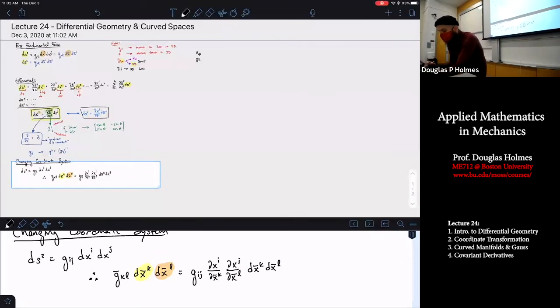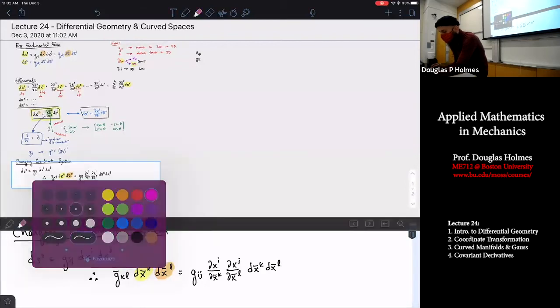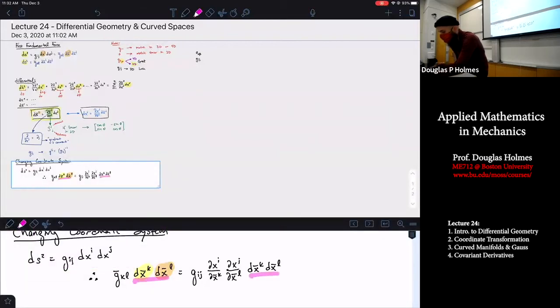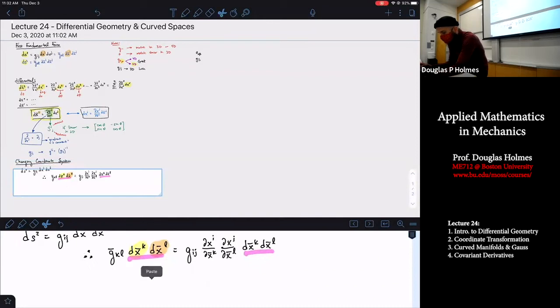We see that these things appear on both sides of the equation. And so I can simply say that the metric tensor that you're using can be transformed into the metric tensor that I'm using with this operation.